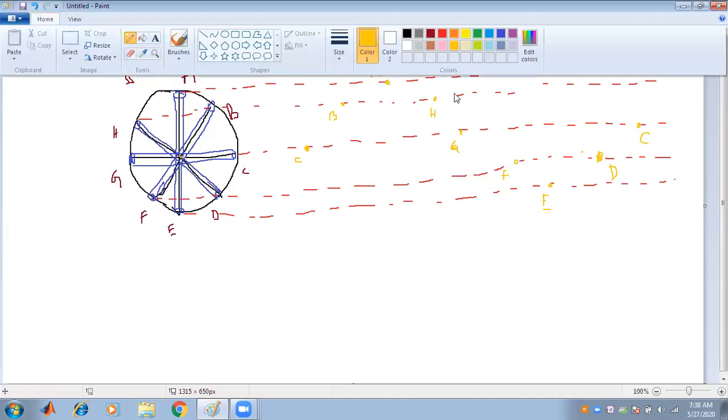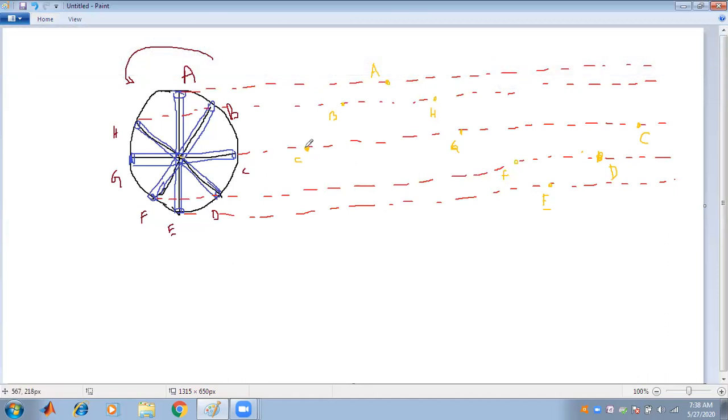So if I draw the graph, drawing those points and joining those points, there is a generation of a sine curve.